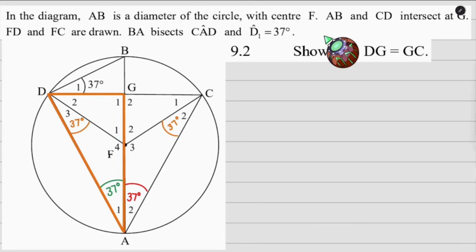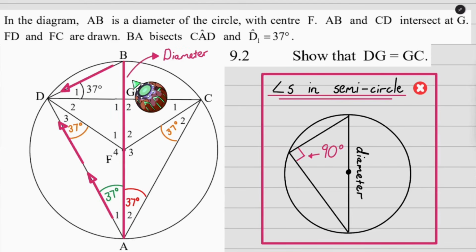And that's where this piece of information becomes important. AB is a diameter. So if I follow my diameter down from either end on the circumference, it's going to take me to a 90-degree angle because of angles in a semicircle. So if I know that the whole of D is 90, I can quite easily calculate D2 because I've got D1 and D3.